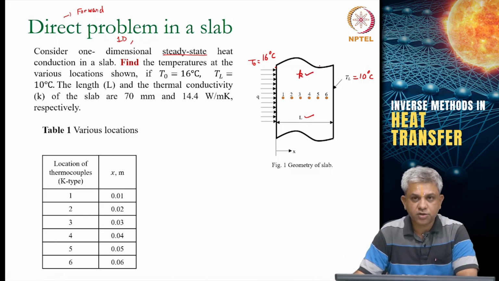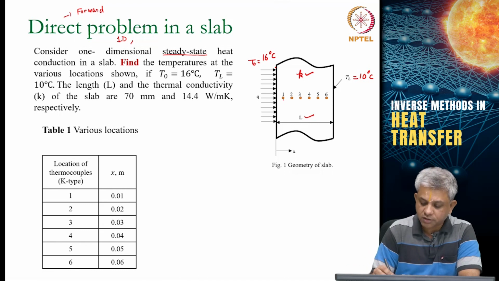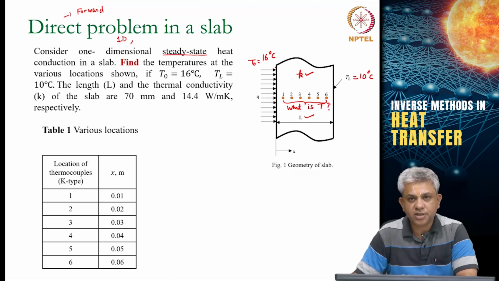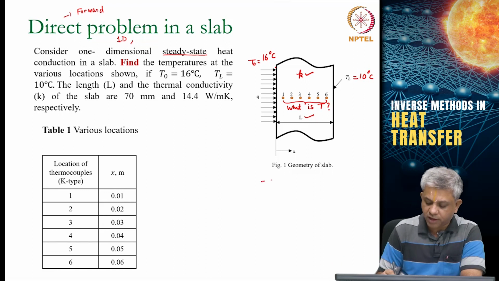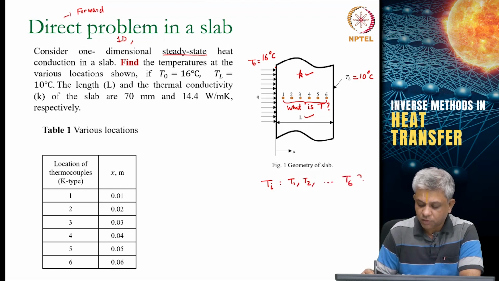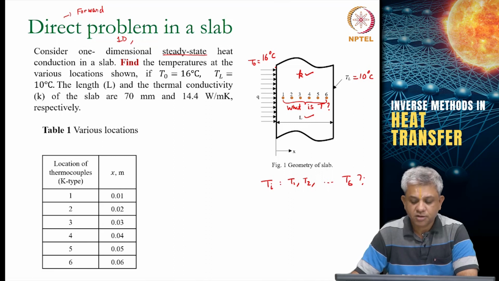So, what you are asked to find out is what are the temperatures at these 6 points. So, suppose we say Ti, which is basically T1, T2 up till T6. What are these 6 temperatures? This is a simple enough problem.